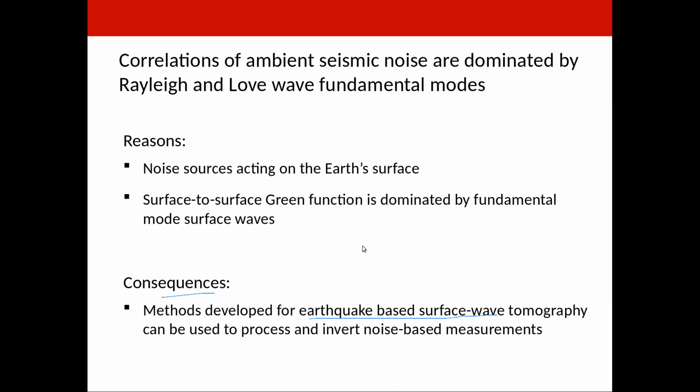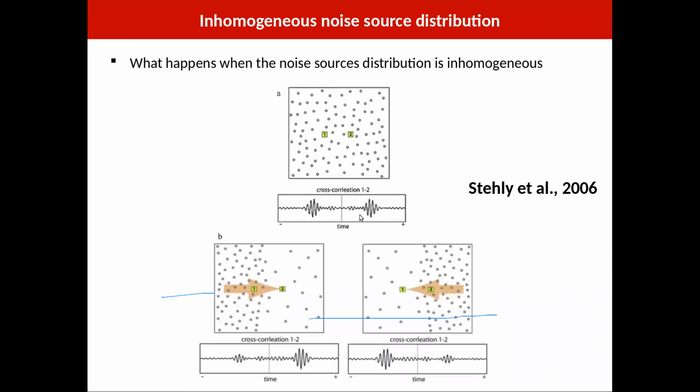Because now the point is we have recorded a surface wave. This surface wave is the same as having an earthquake here generating some source and some waves, and then the waves being recorded at this station.